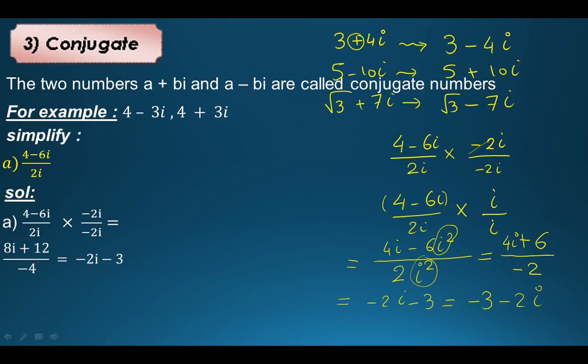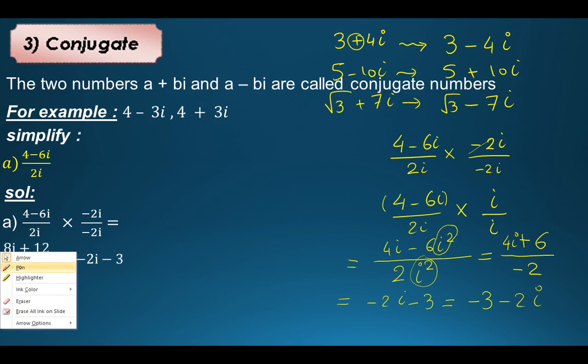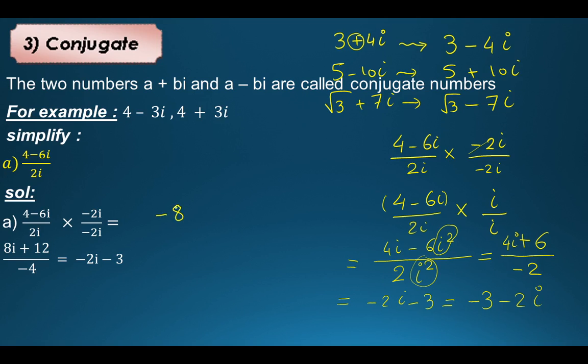Distribute negative 2i multiplied by 4, and negative 6i multiplied by negative 2, and 2i multiplied by negative 2i. We can solve it together and correct it together. We are going to fix it. Here, 4 multiplied by negative 2i equals negative 8i.